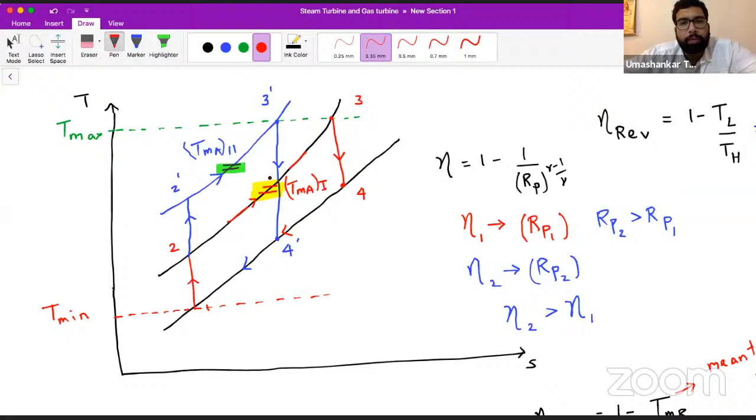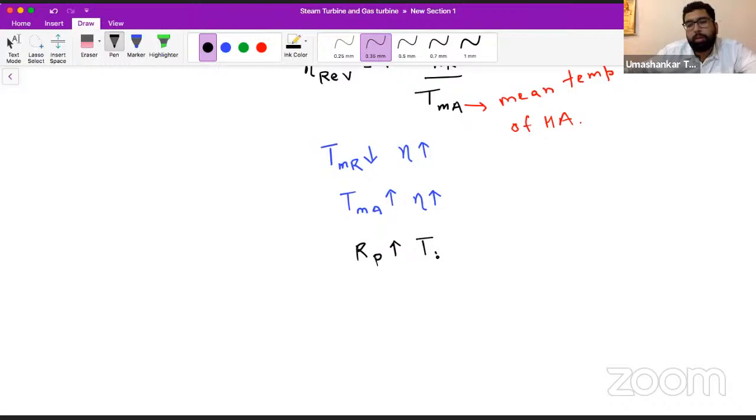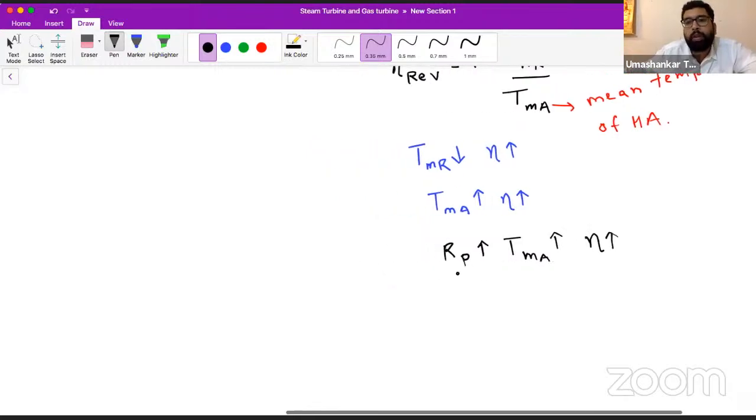Can we say that or not? So with the increase of pressure ratio, those who are live can respond, TMA increases, the mean temperature of heat addition increases, and hence efficiency also increases. You can say it this way also.